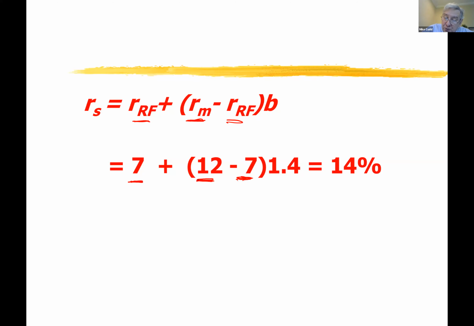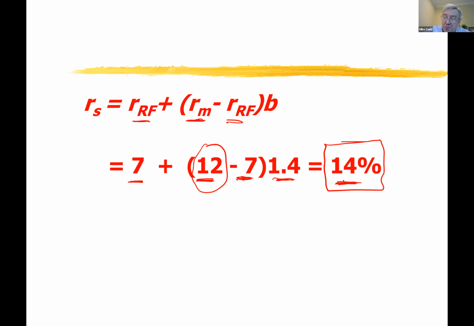Now, since Ultra's risk, its beta, is above 1, it's above average in risk. So it's going to have a higher return than the average stock. In fact, for Ultra, the CAPM says the stockholders should require 14%.